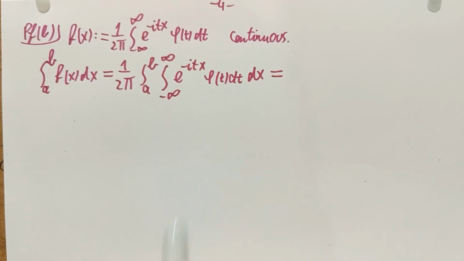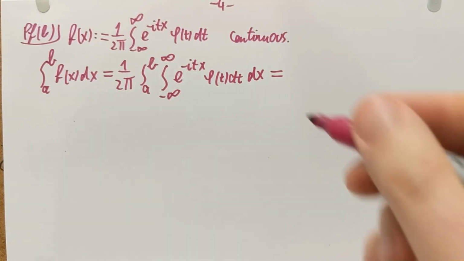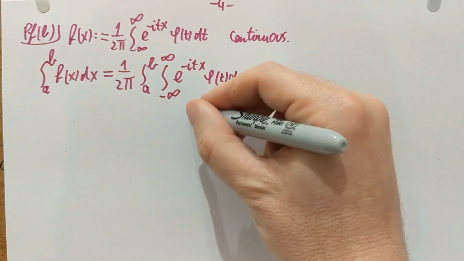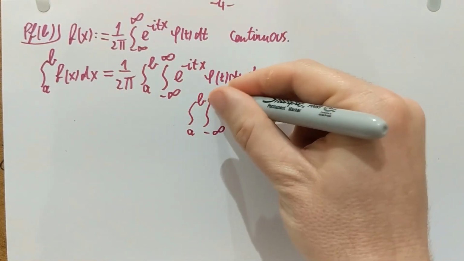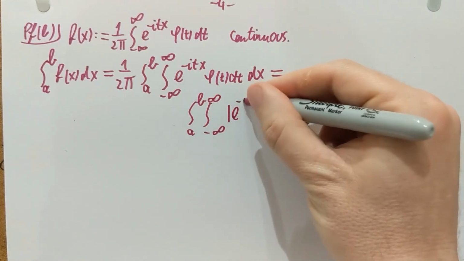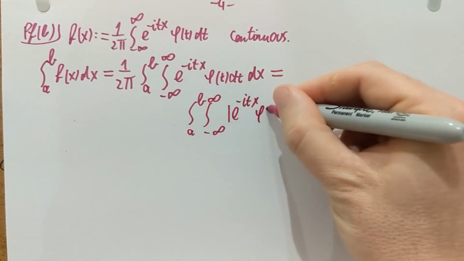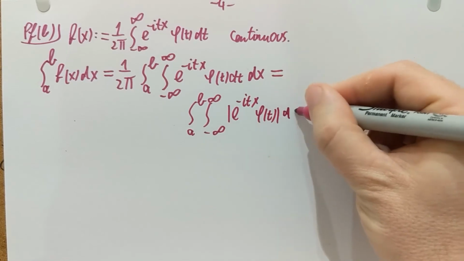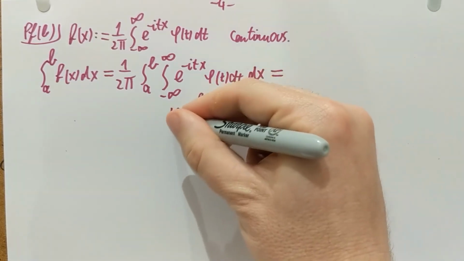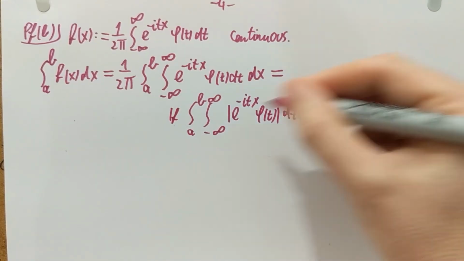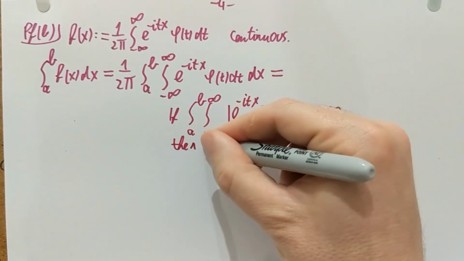And the question, of course, is again whether I can swap the two integrations. Mathematician reflex: I see two integrals, I immediately want to swap them. So can I do that? The answer again is that if I can integrate from a to b, from minus infinity to infinity, the modulus of e to the minus itx phi of t, and if this is finite, then we can swap.